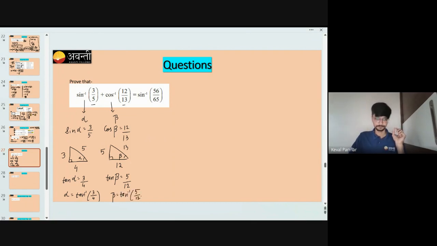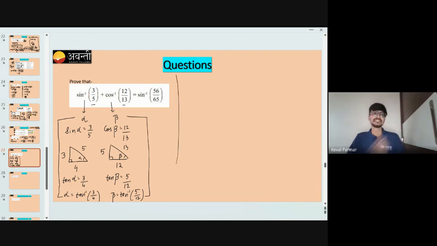So in place of sine inverse of 3 by 5, I can write tan inverse of 3 by 4. So my LHS, left hand side, will be tan inverse of 3 by 4. Similarly, I can write cos inverse of 12 by 13 as tan inverse of 5 by 12.